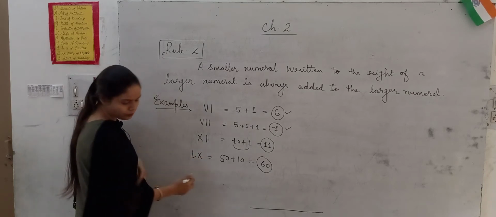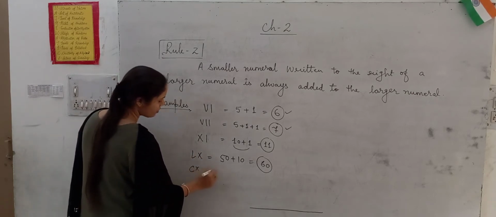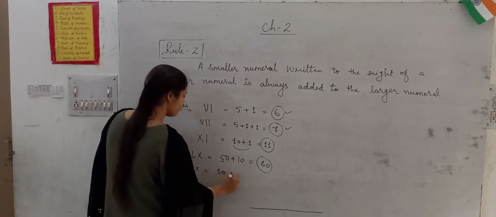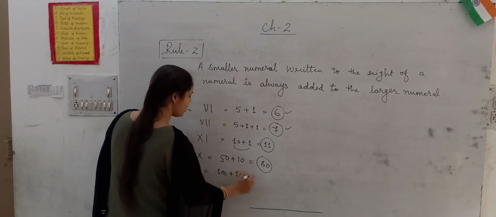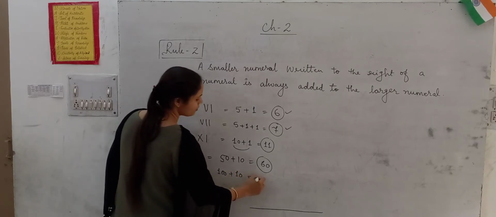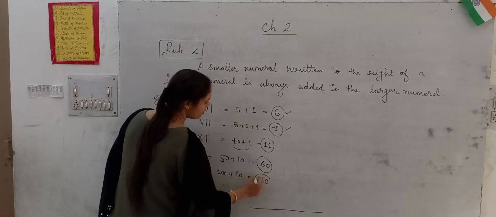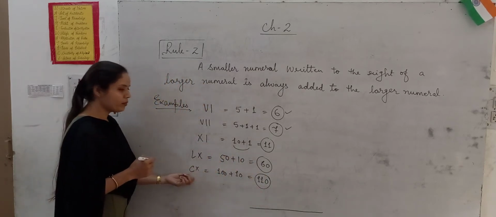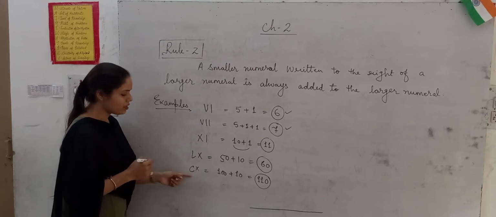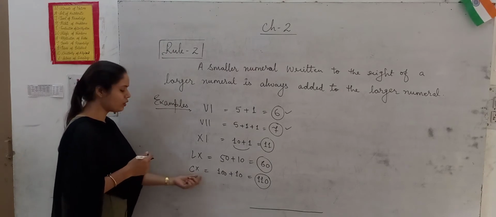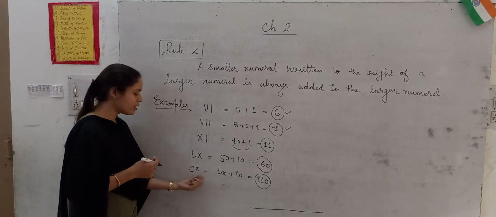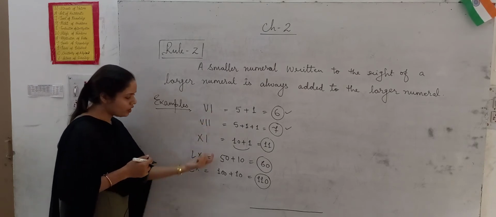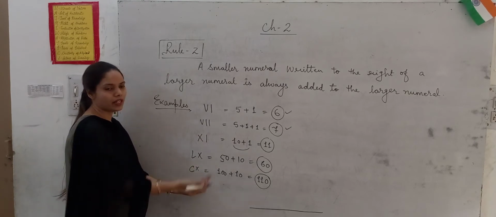Next example, C and X. C means 100 plus X means 10, so it makes 110. If we want to write 110 in Roman numerals, we write C and X. C is a large numeral and X is a small numeral, and the smaller numeral will be added to the large numeral because it is written on the right-hand side.